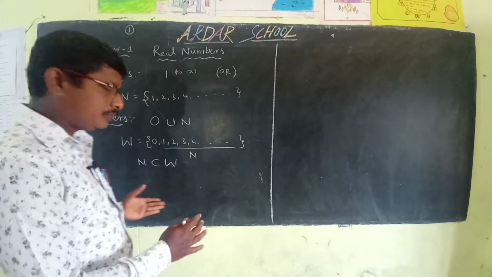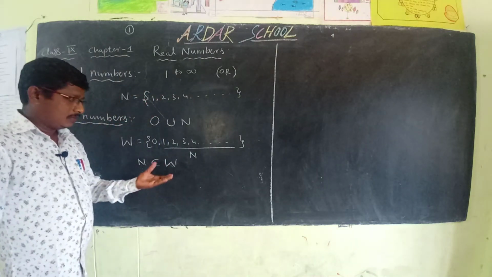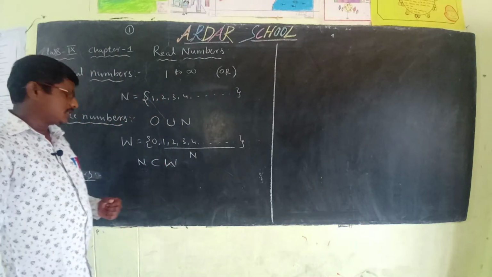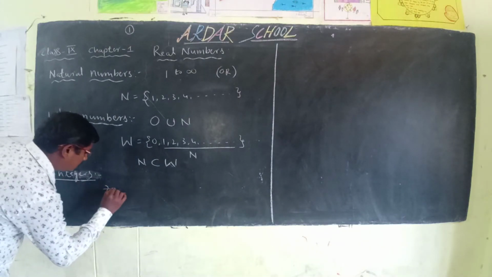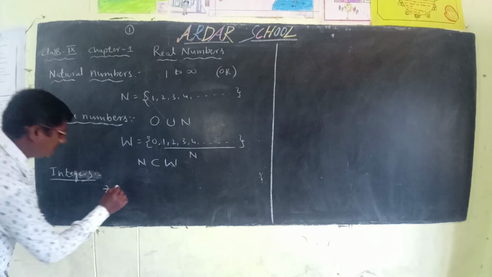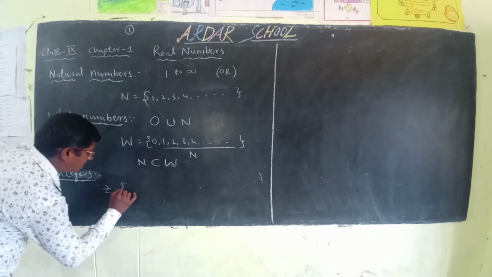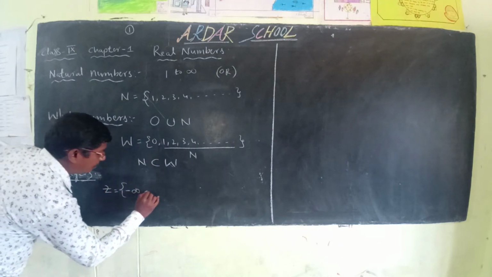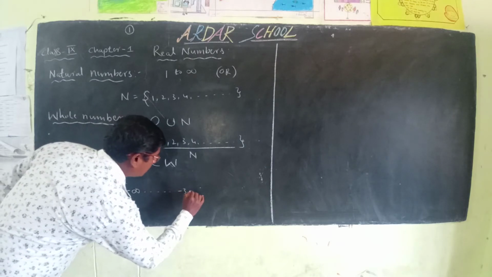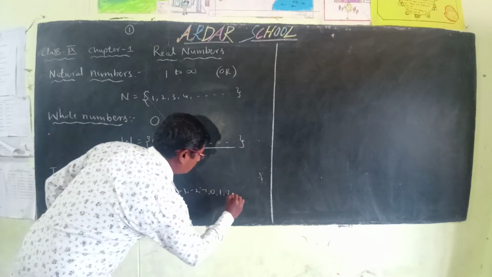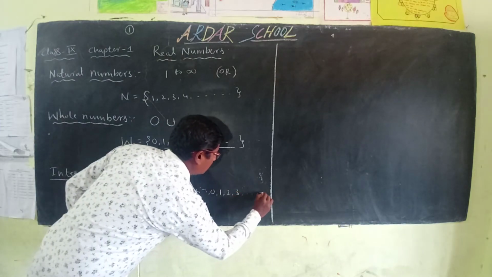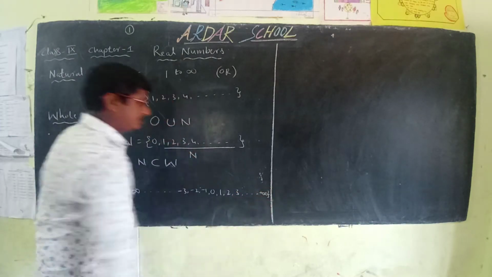Integers are denoted by Z. Therefore, Z is equal to the set of minus infinity and so on, minus 3, minus 2, minus 1, 0, 1, 2, 3 and so on, plus infinity.